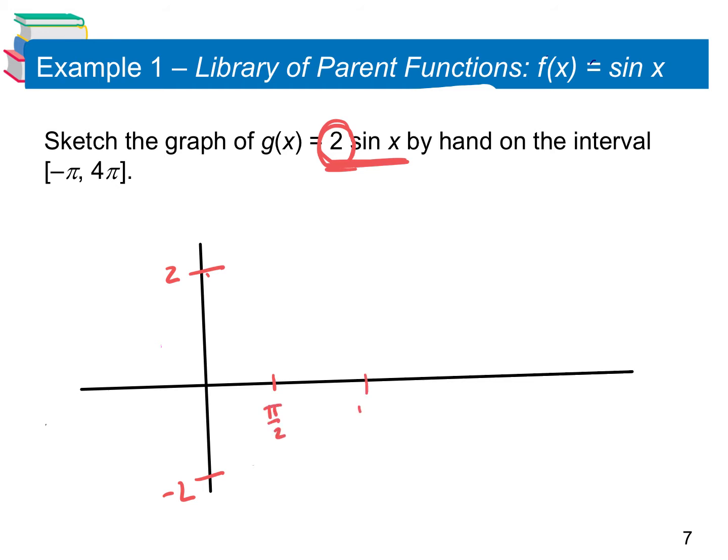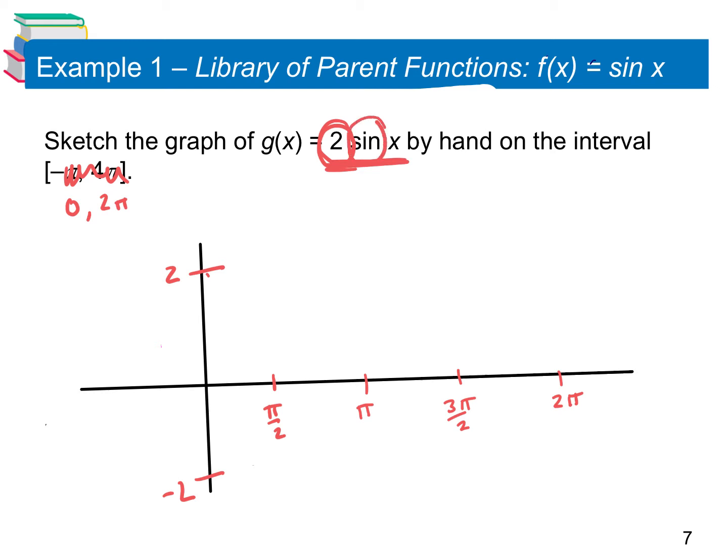Then we would have pi, 3 pi over 2, and 2 pi. I'm going to change the interval here just from 0 to 2 pi, just because I ran out of room. But we could keep going in our intervals. Every interval goes a half pi, adding a half pi, half pi, half pi. The intervals always should be in radians.